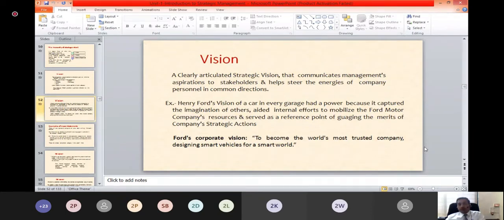So it is a clearly articulated statement containing the strategic vision of the company that communicates to every employee or the stakeholders of the company about the aspirations of the company, and will give a common direction to all the energies of the company people.